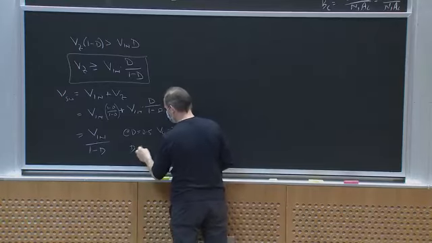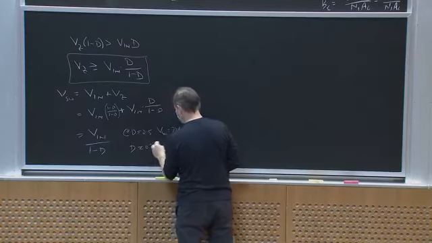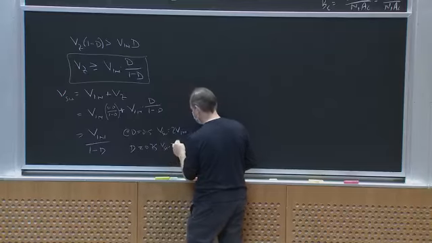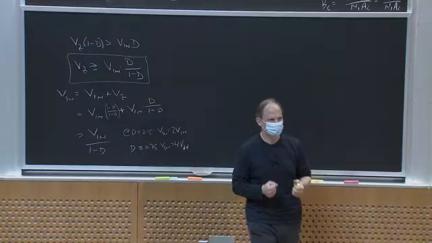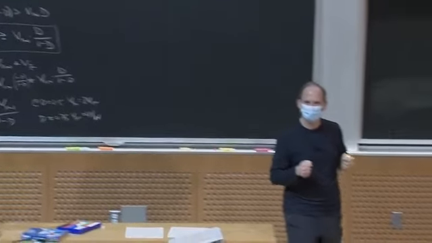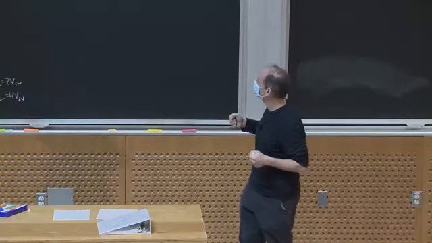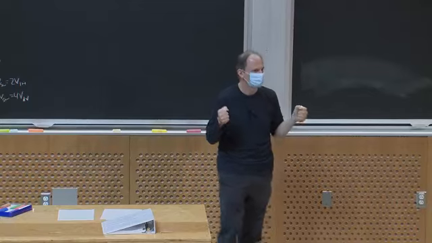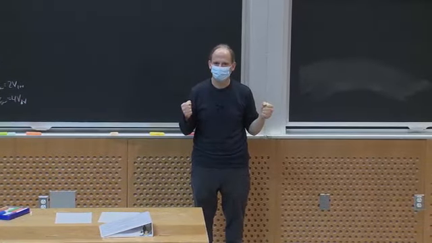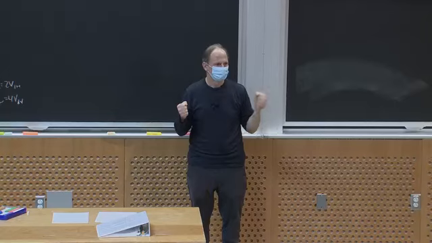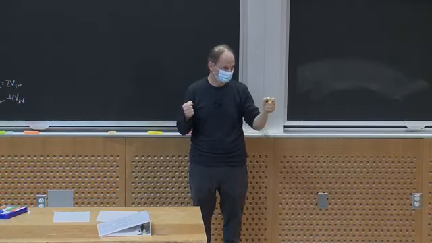If I went up to a 75% duty ratio, V switch would be 4 Vn. That's getting kind of ugly. My switch voltage is considerably bigger than my input voltage. What would it be if I just built a regular buck converter? Anybody recall that offhand? 1 minus D Vn? It's actually just Vn.